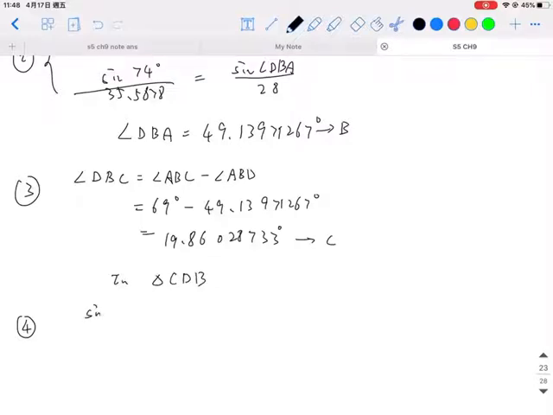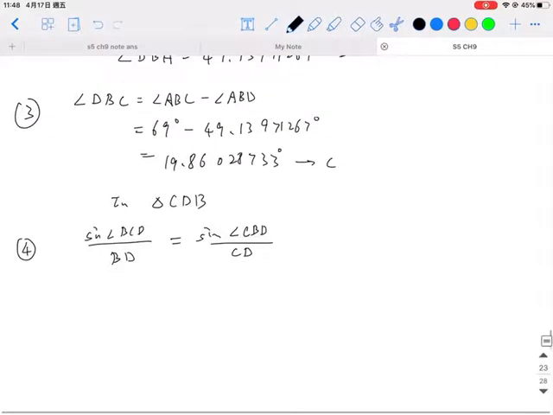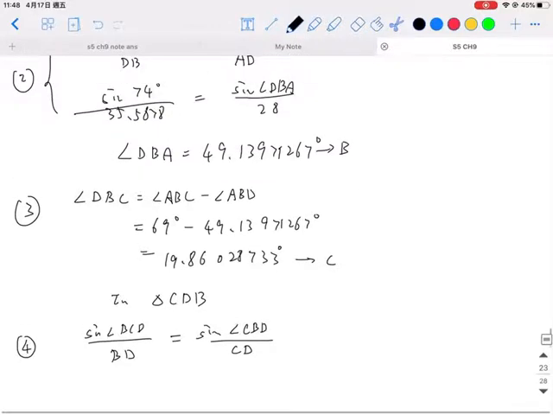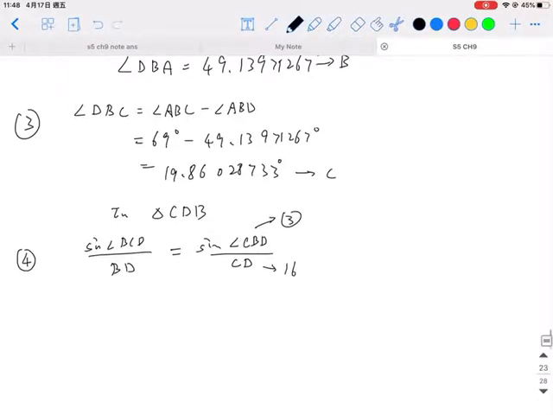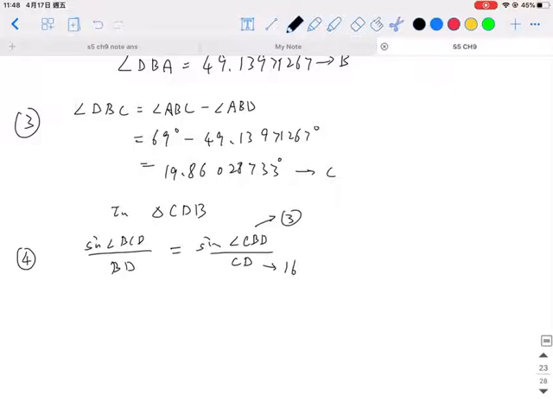So sine angle BCD over BD equals sine CBD over CD. CBD is the value of part 3, and CD is 16, right? And BD is the answer from part 1, so it's not difficult to solve angle BCD.